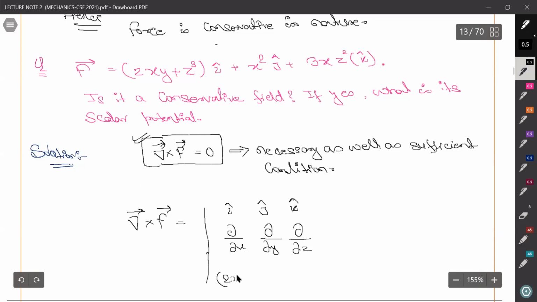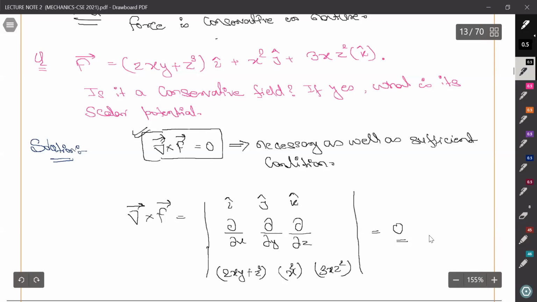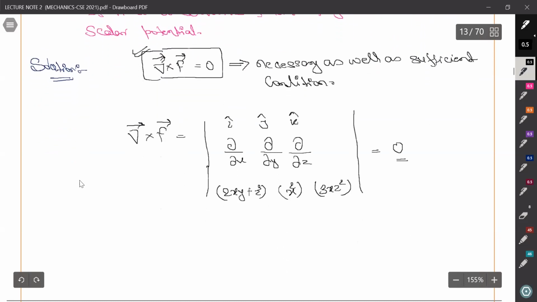Here it will be 2xy + z³, here x², and here it will be 3xz², and I'm sure you will be able to find out it as 0. Okay, so I'm not solving this. This is your homework to solve this. I'm trying to work on the next part.